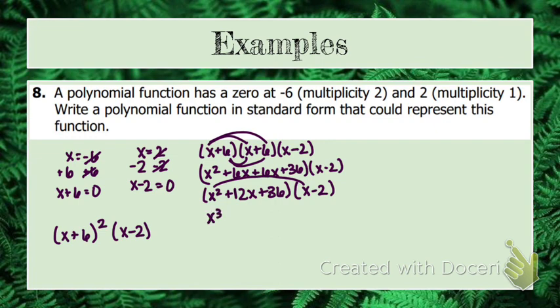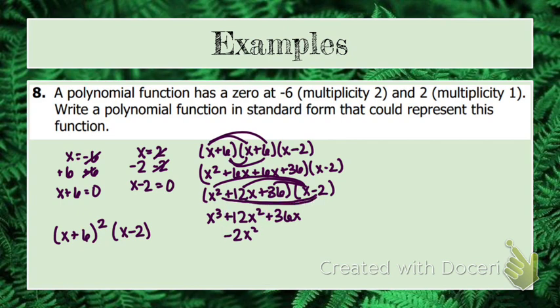So we're going to get x cubed. X times 12x is 12x squared. And then x times 36 is 36x. Then negative 2 times x squared is negative 2x squared. And we're combining these still, but I'm just putting them on two different lines because you'll see that our like terms are going to line up this way.